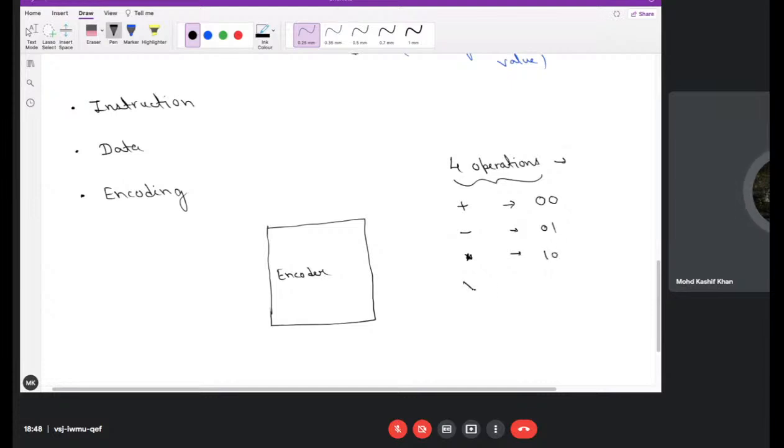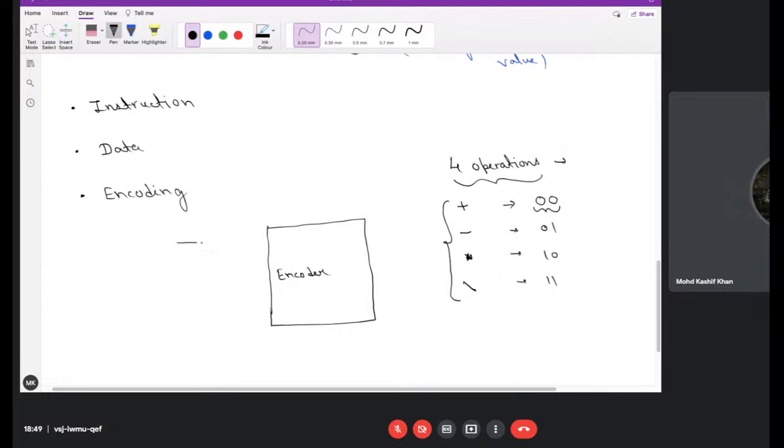And divide can be represented using 1 1. For each operation, you can represent it using a few bits. So if you give any operation, you will get the corresponding encoded bits. Here you have 4 operations, so you can represent them using 2 bits.